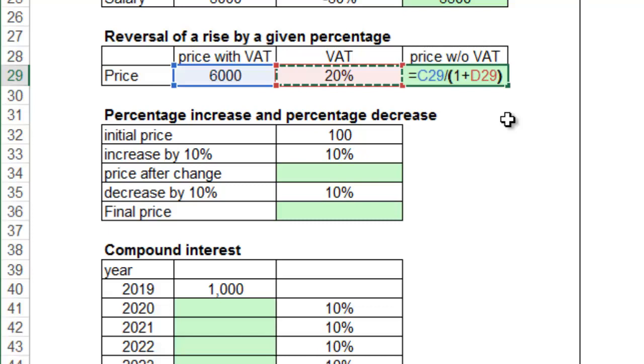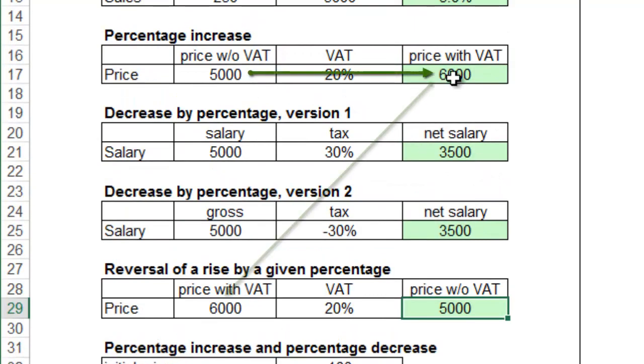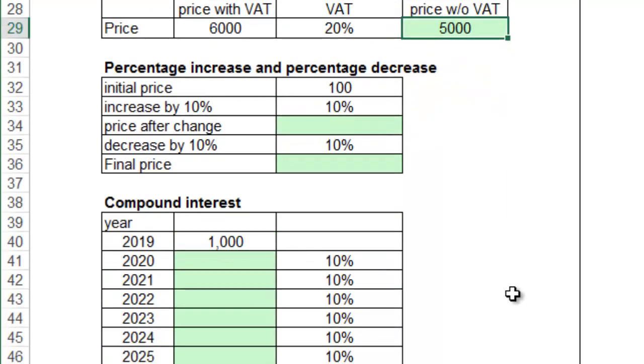Dividing is the opposite of multiplying. So the value without VAT equals the value with VAT divided by 1 plus VAT percentage. As you can see, we managed to get the original value of the price without VAT shown in the two examples. Many people ask why reversing the action to increase by a percentage is not a reduction by the same percentage.